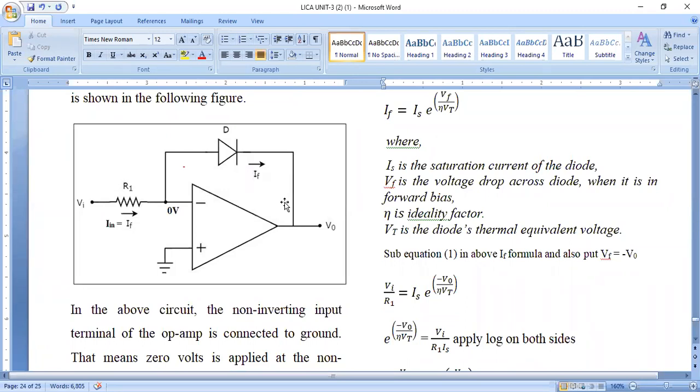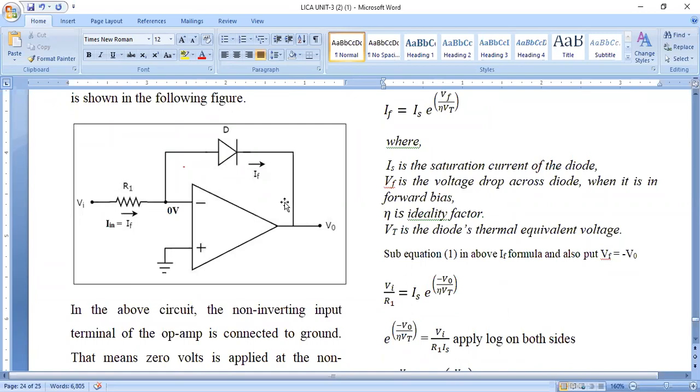Mostly we use the logarithmic amplifier in mathematical operations, but also in instrumentation applications like signal compression, true RMS value conversion, and power extraction.